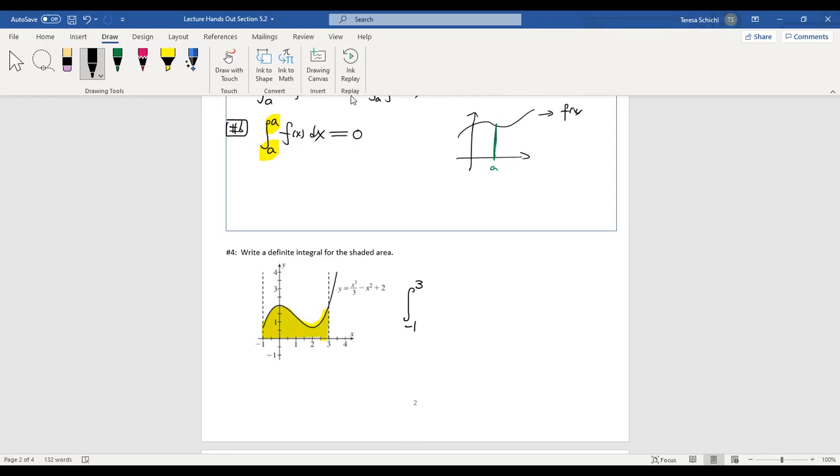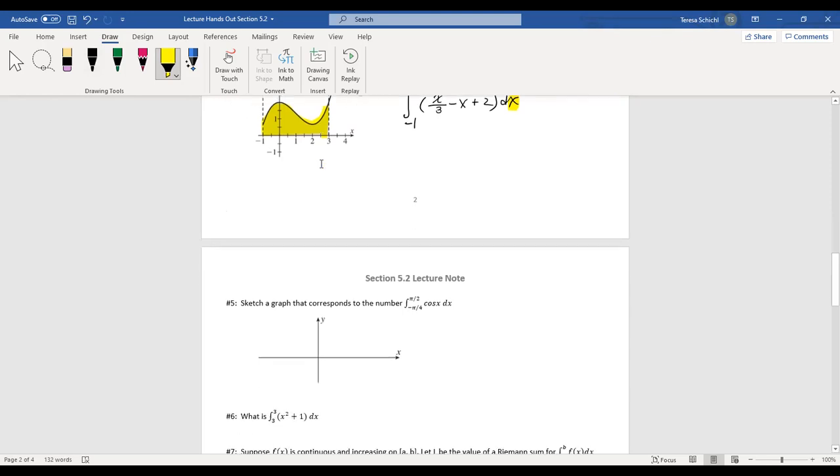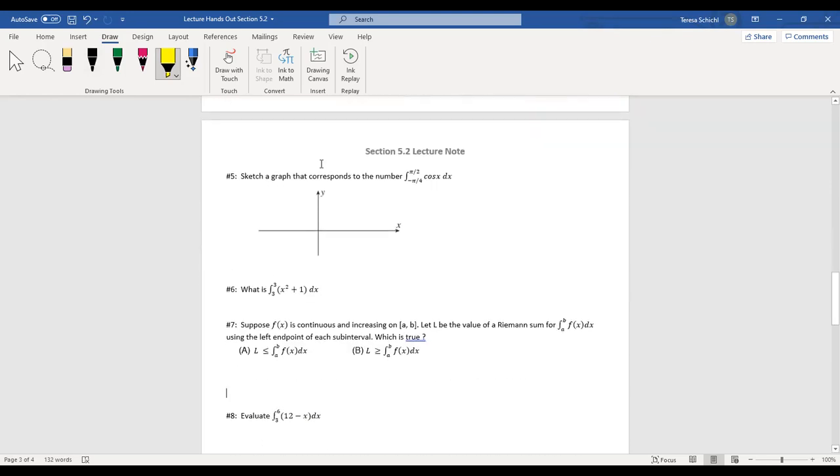Now what is my f of x? My f of x is here. So this will be x cubed over 3 minus x squared plus 2, the whole thing dx, right? So remember, the dx is just telling you that you are integrating with respect to x. Okay, I think this is a pretty good, simple example.